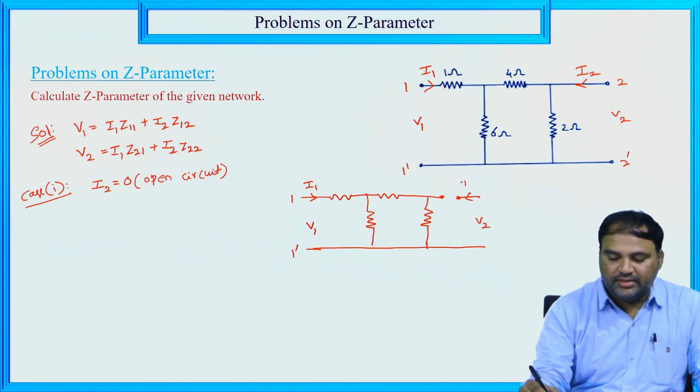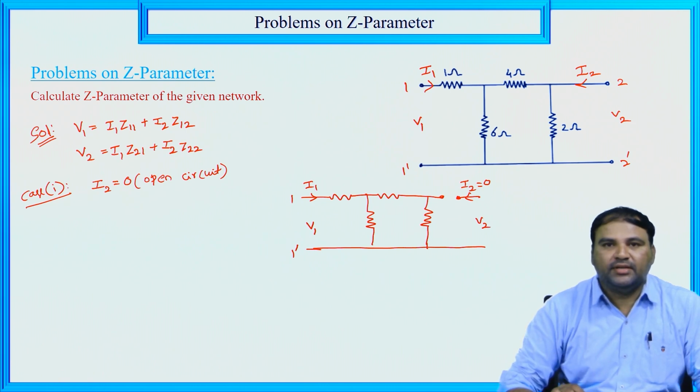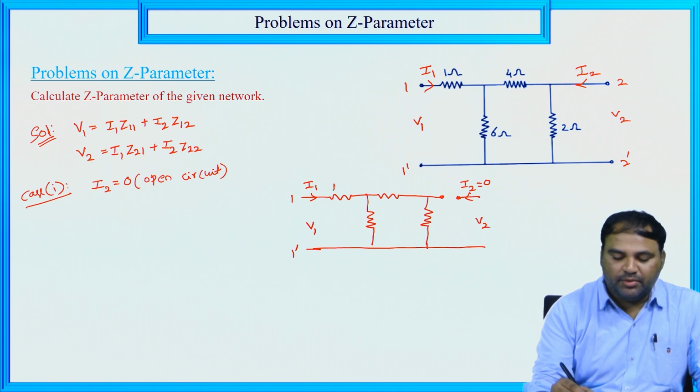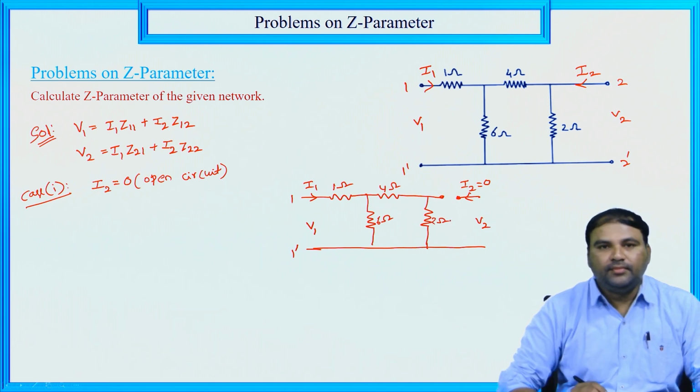Here I2 is 0 because the port is open circuited. The given elements are all the same: 1 ohm, 4 ohm, 6 ohm, and 2 ohm.